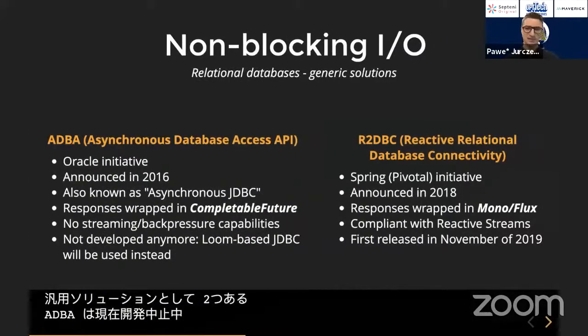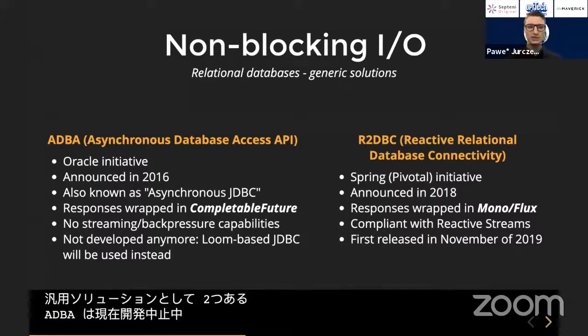As I said, there are also some attempts to provide a generic solution to non-blocking communication with relational databases. The first attempt to solve that problem was called ADBA. I use the word "was" because it's not developed anymore.